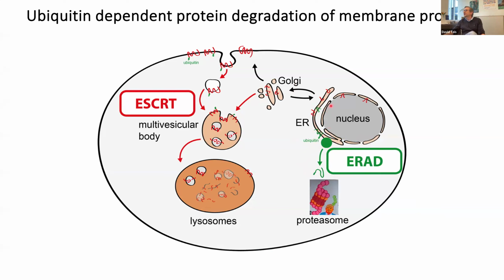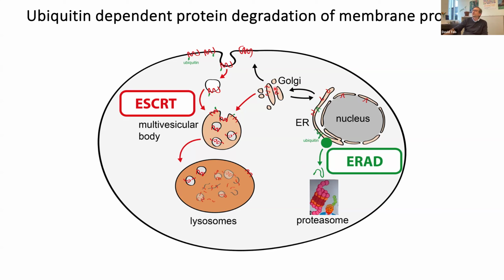Once membrane proteins are properly folded, they can be exported from the ER into the Golgi, and once they're exported from the ER, it is much less clear how membrane proteins are ubiquitinated and targeted for degradation.